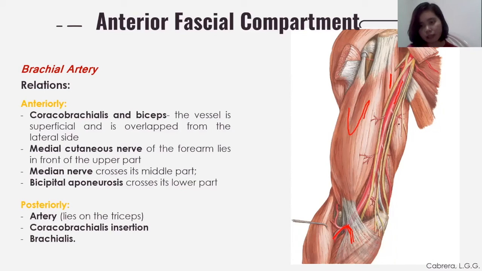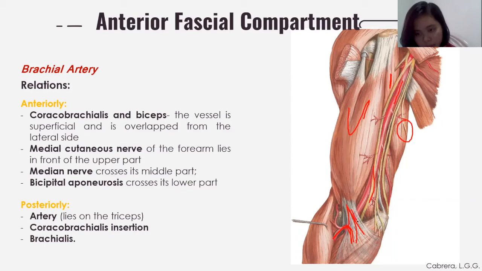We have the medial cutaneous nerve of the forearm, which lies in front of the upper part. And we have the median nerve, which crosses its middle part. It crosses the brachial artery in its middle part. And lastly is the bicipital aponeurosis that crosses its lower part.